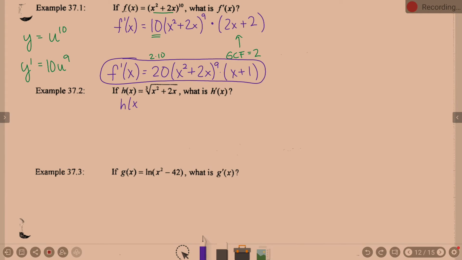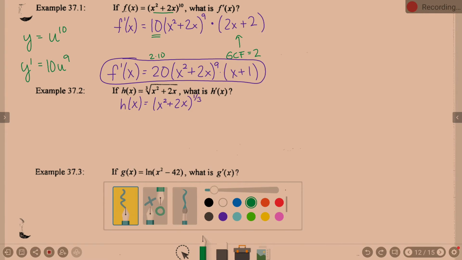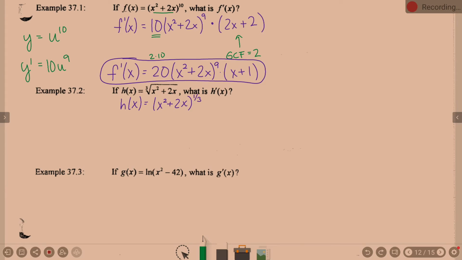So it's going to be h of x equals x squared plus 2x raised to the 1/3. Now, if we take those insides out, what is the big thing we're taking the derivative of? It's something raised to the 1/3, right?